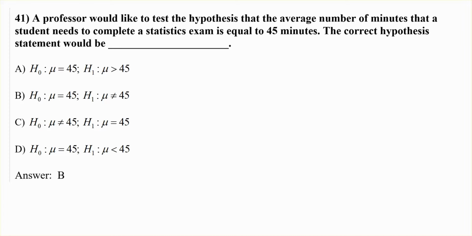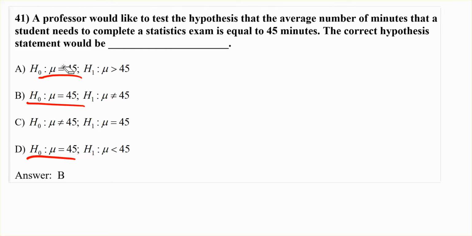So that's got to be either here with the null, here with the null, or here with the null. And the alternative, or the H1, has to be everything else.